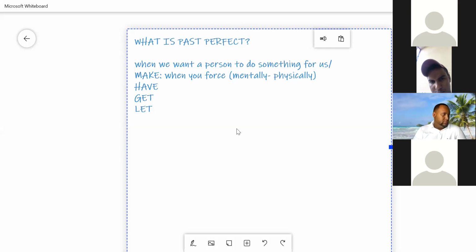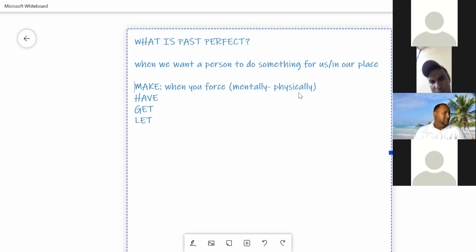When I say for us, it could be in our place. I mean, instead of us doing it, another person does it. So, okay. Now imagine this. We explained how you can make a person do something when you are forcing physically. The people who steal in the street, the thieves, they use the verb make. So they make you give them something, whether they show you a knife or a gun, you know? So that is physical.